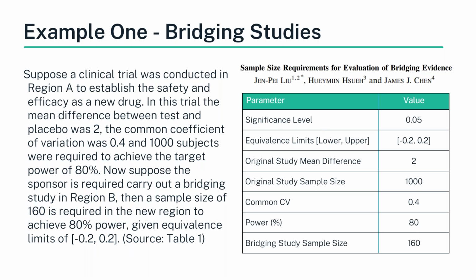So then if the sponsor wanted to, or was required to, carry out a bridging study in the second region, then a sample size of 160 would be required in the new region to achieve the 80% power target, given the equivalence limits of minus 0.2 to 0.2. So that's summarized here on the right-hand side.